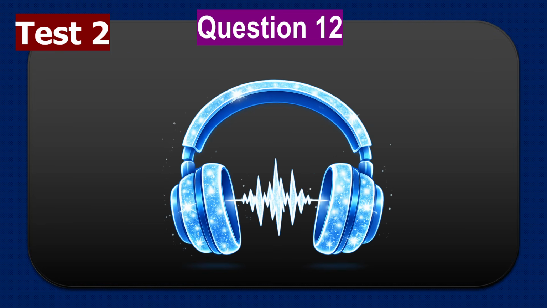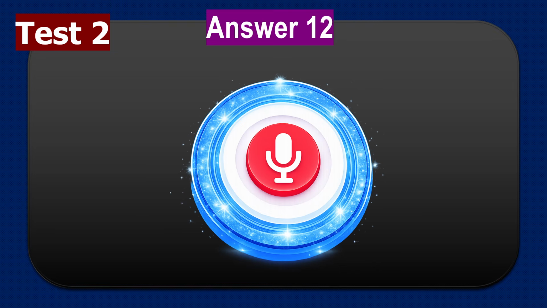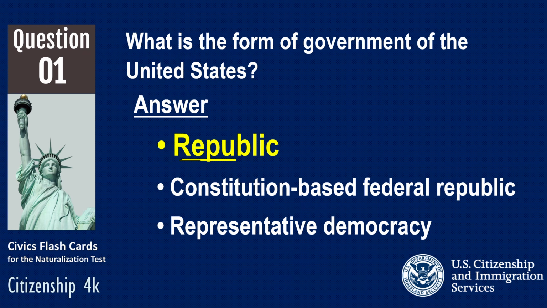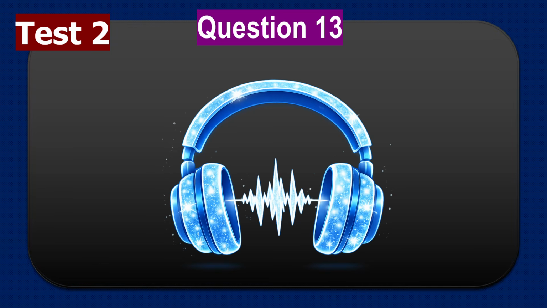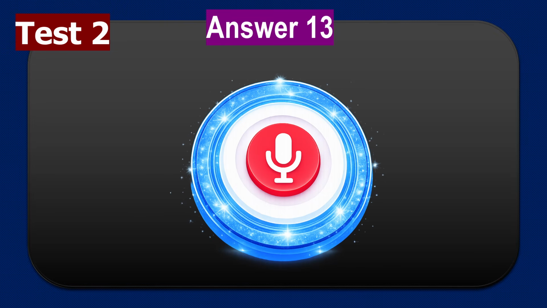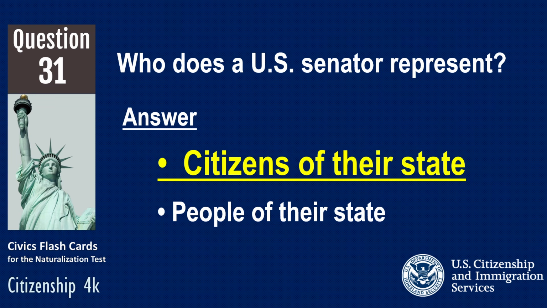What is the form of government in the United States? Republic. Who does a U.S. Senator represent? Citizens of their state.